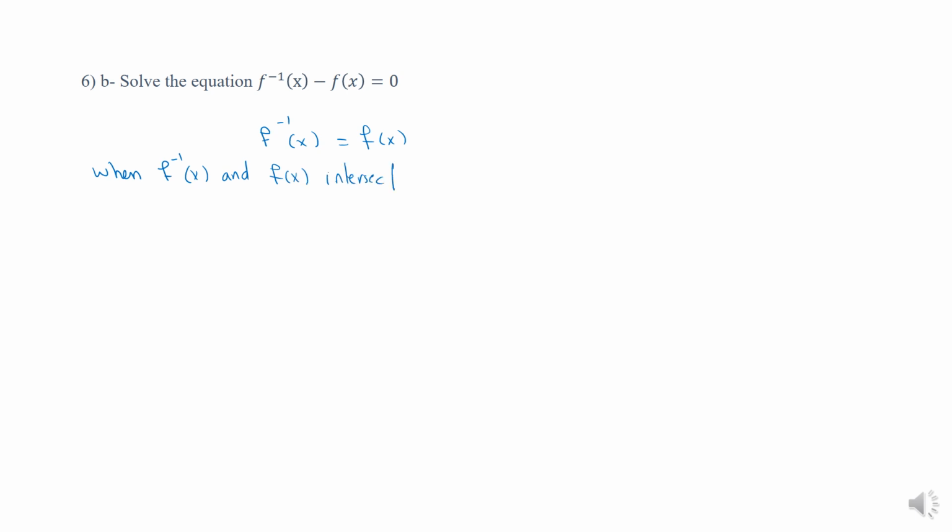Now we know that f minus 1 and f intersect only at their axis of symmetry, which is y equals x.